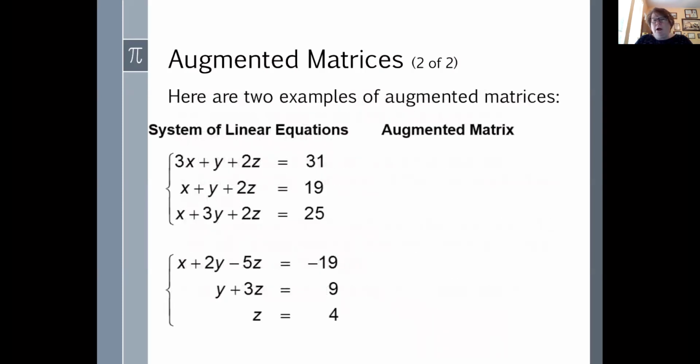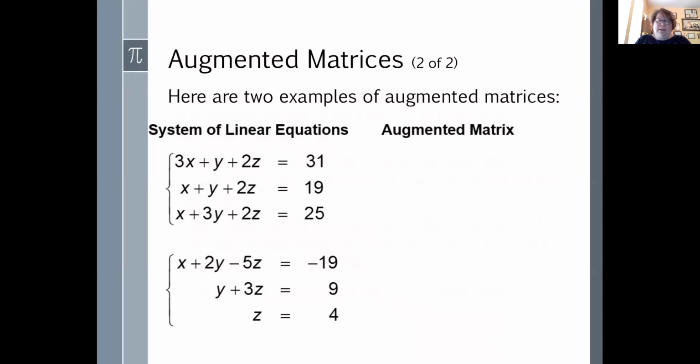So here are 2 systems of equations, and we are going to write the augmented matrix for each of these systems. All right, so the first system we have, the first equation is 3x plus 2y plus 2z equals 31. The second equation is x plus y plus 2z equals 19.